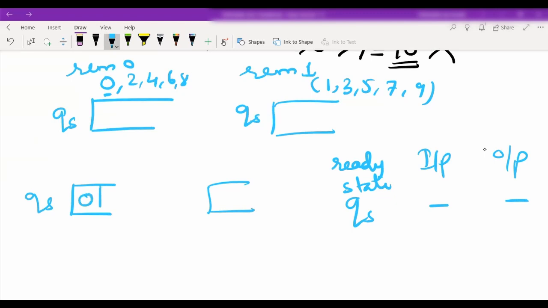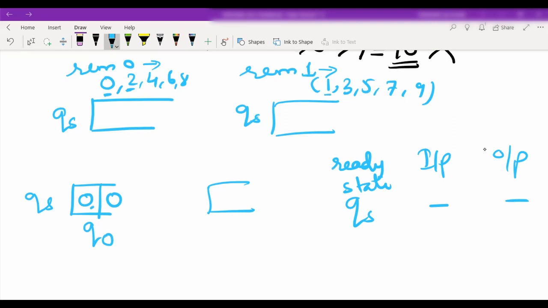The next bit can be from the remainder 0 set, or from the remainder 1 set. Let us take the next bit as 0. Now this will become the Q0 state.